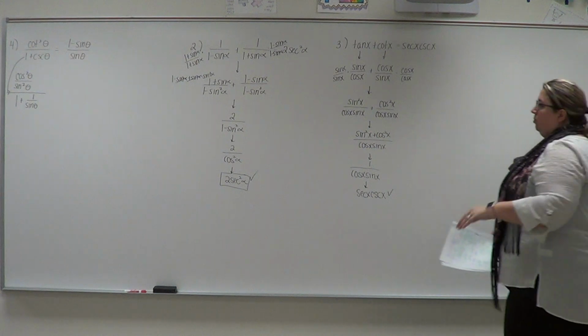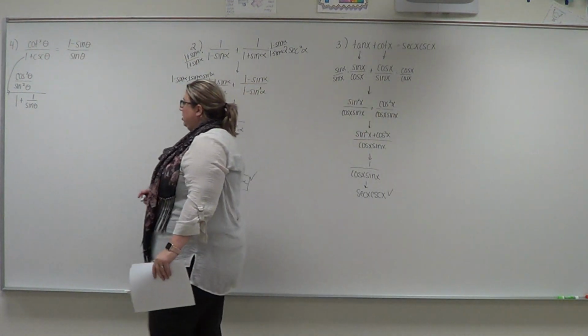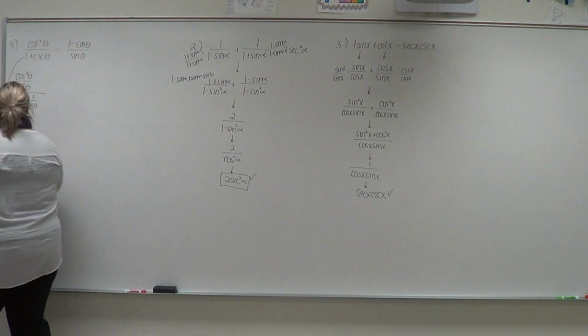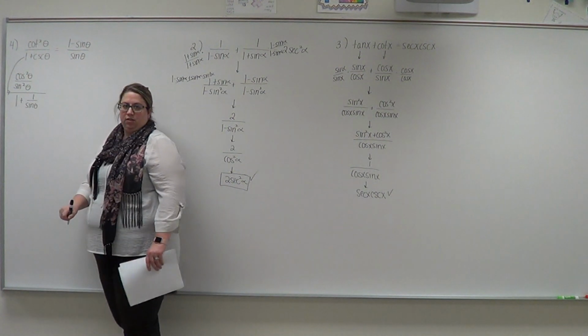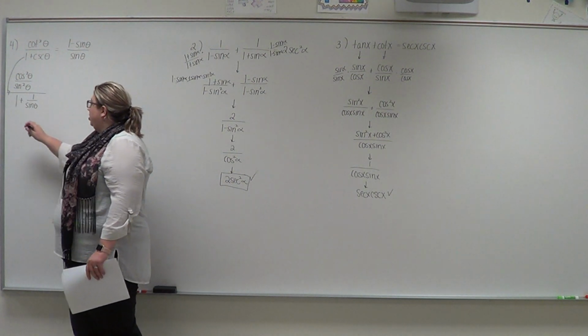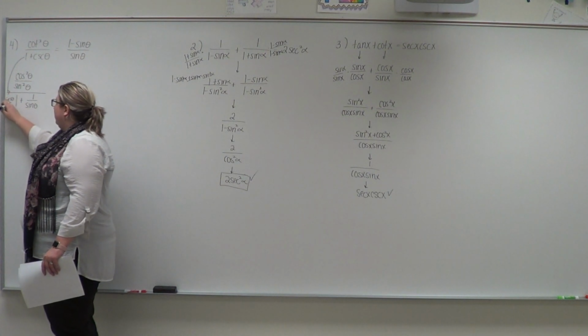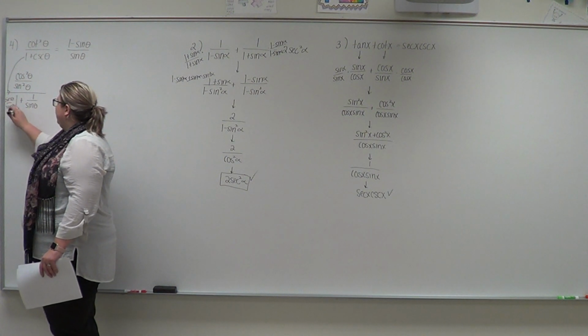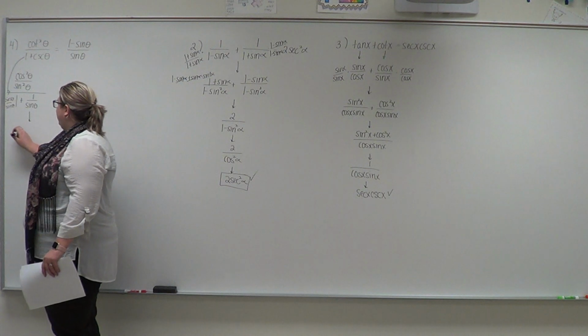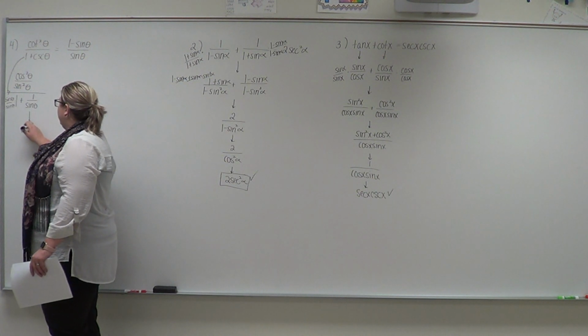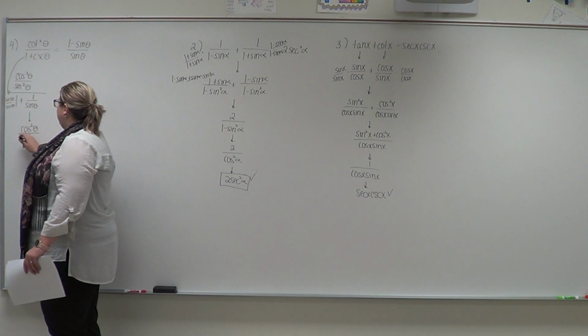Okay, now I'm going to leave the numerator alone for a second, and I'm going to focus on the denominator, and I need these to be able to be added together. So I need a common denominator, so I'm going to multiply this one by sine. Okay, so I didn't do anything with the numerator. It still stayed cosine squared over sine squared.